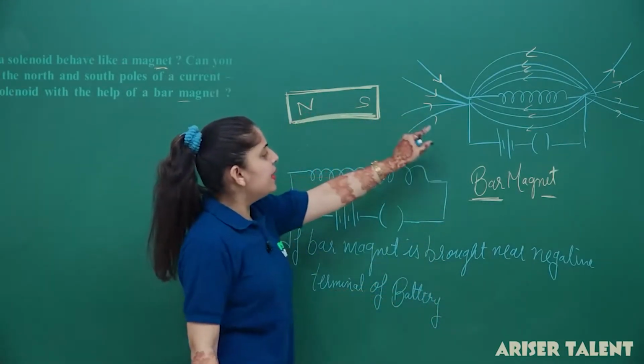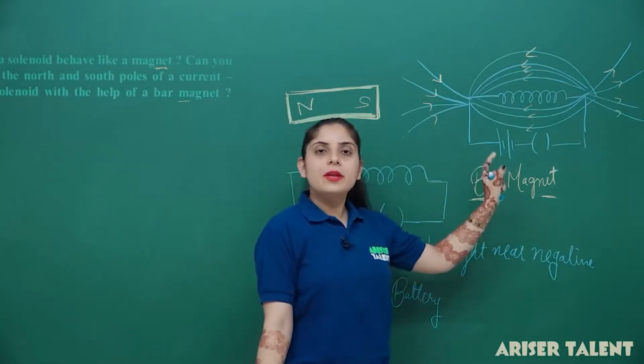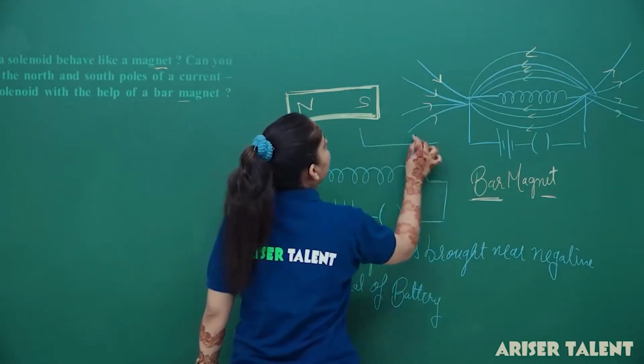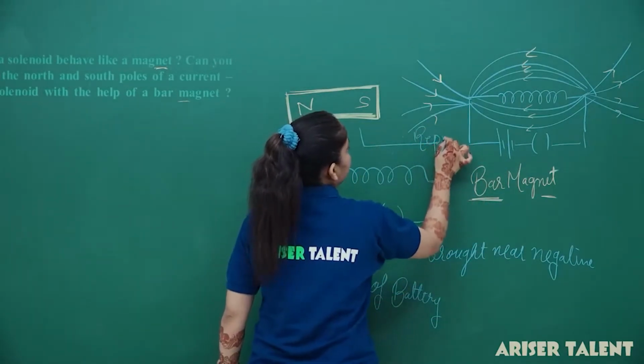If this bar magnet is brought near the negative terminal of a battery, they are going to repel each other.